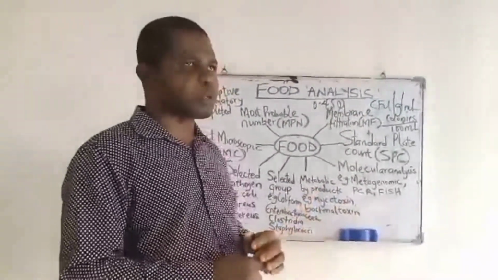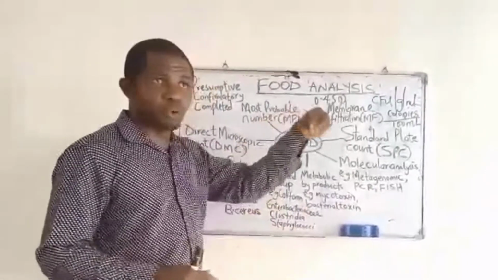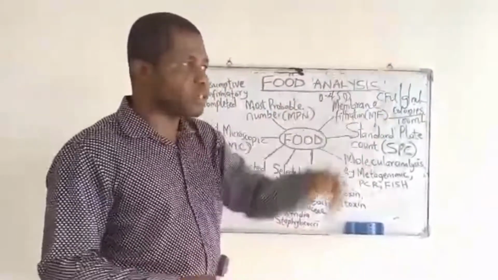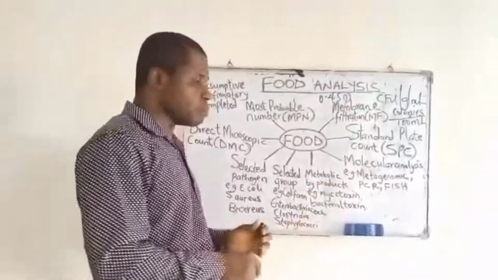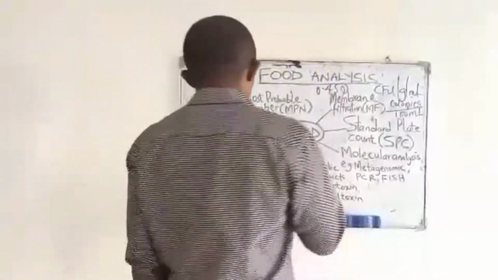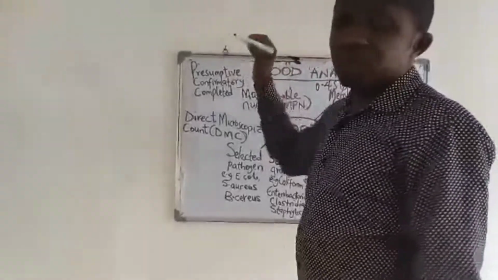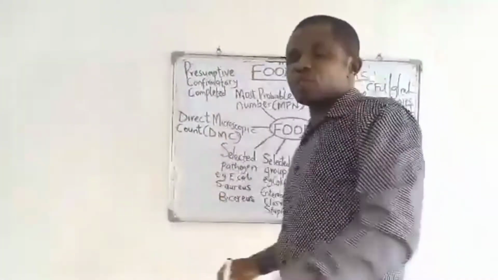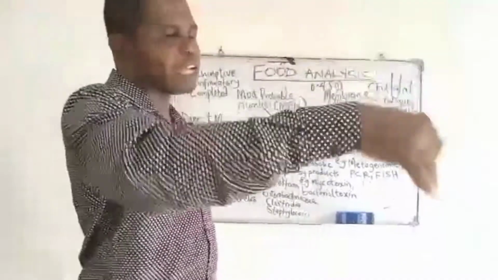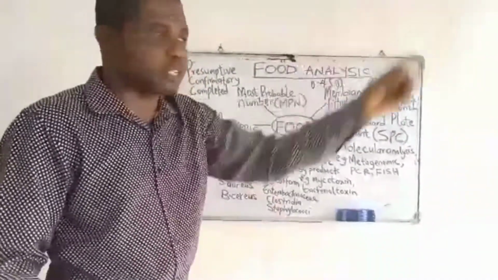The suspension of it is prepared, and an aliquot of this is inoculated into the medium, now in different dilutions, for instance, 10, 1, and maybe 0.1, into the 3 different sets of tubes.